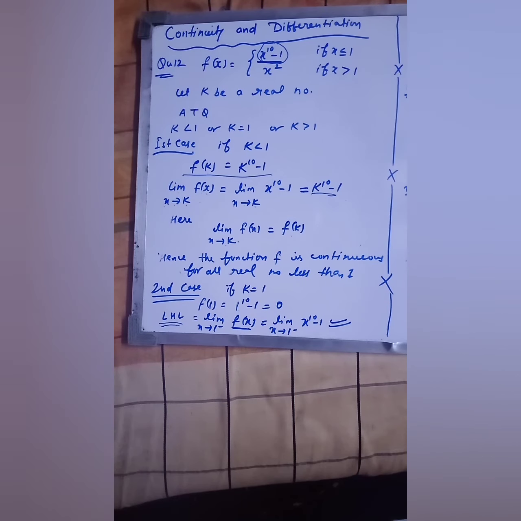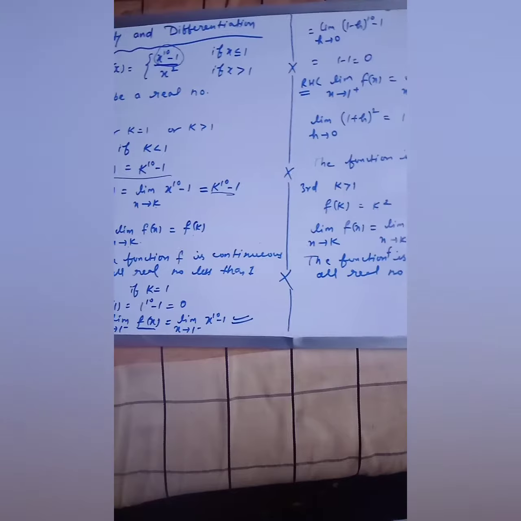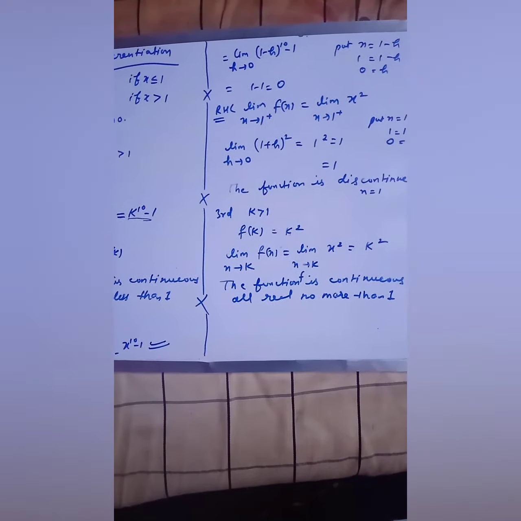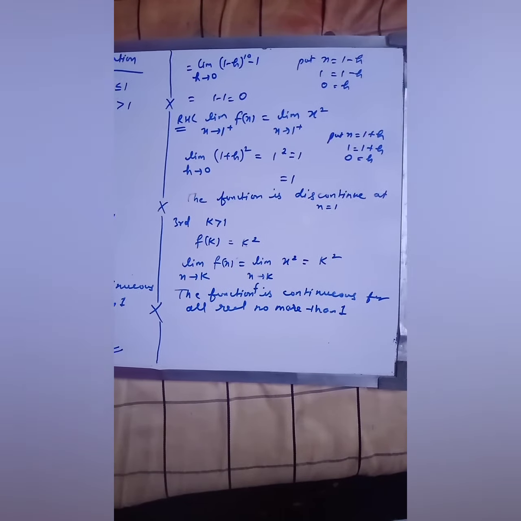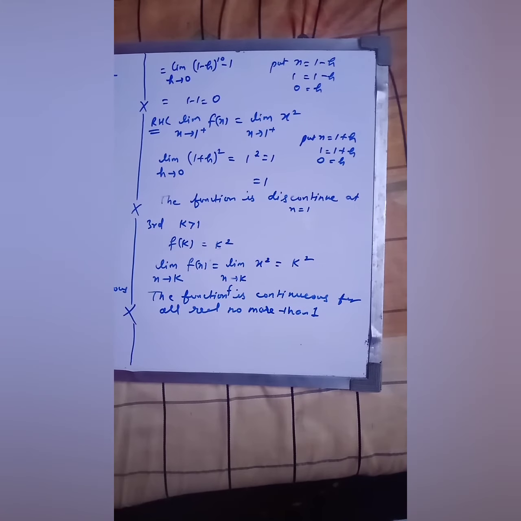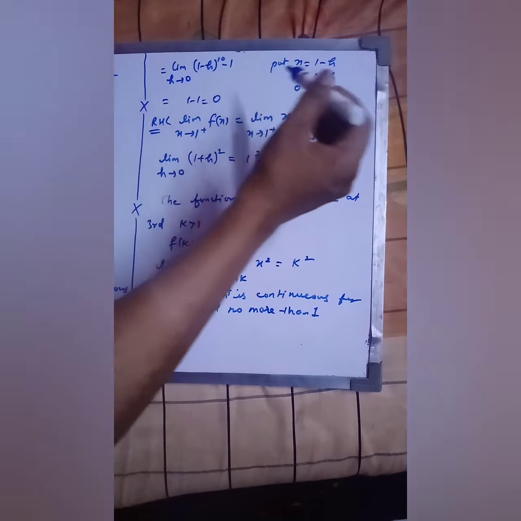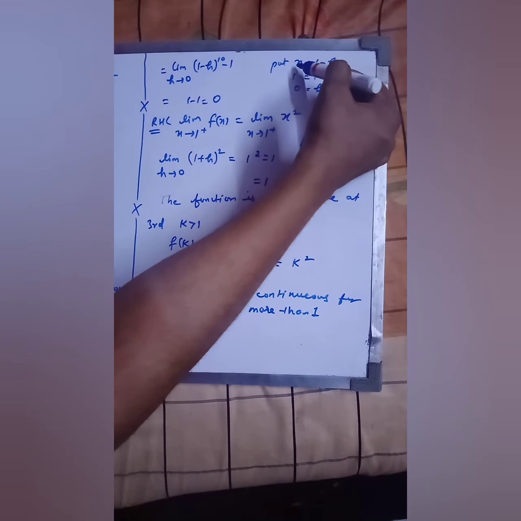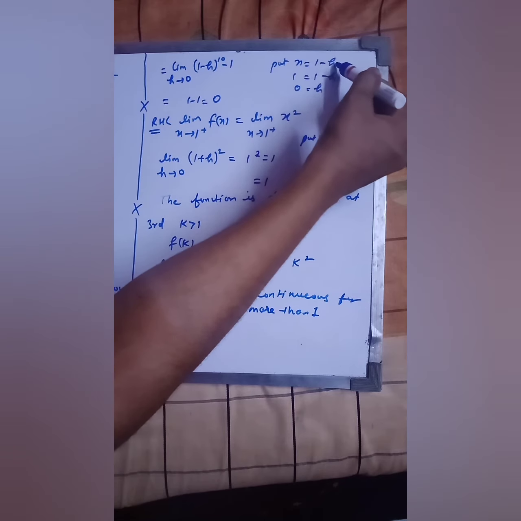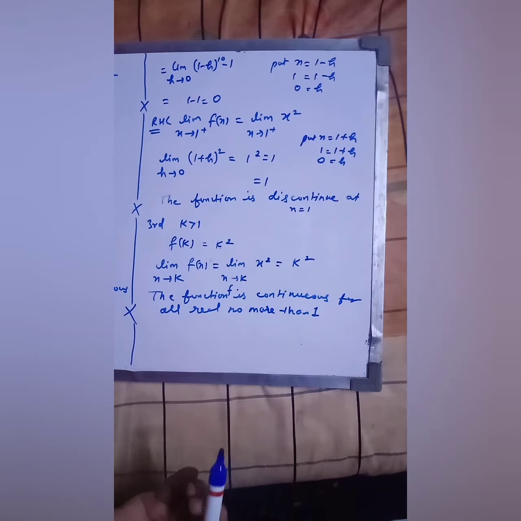Now let me adjust the next page. Now here, as you know, in the left hand limit you have to put x equals the value of x, that is 1, minus h, as we have done in question number 1.